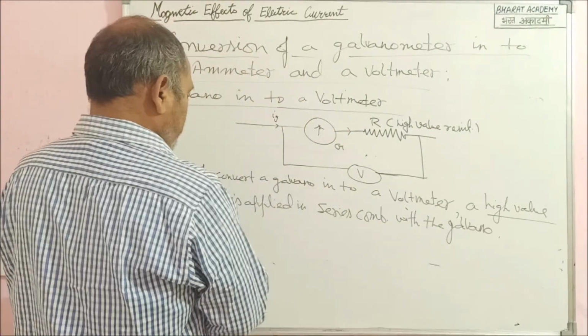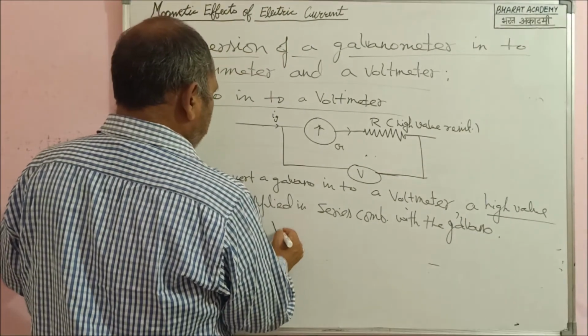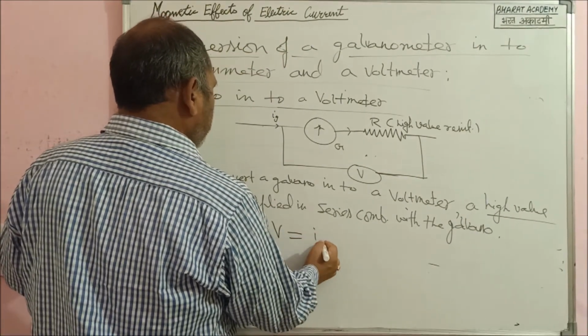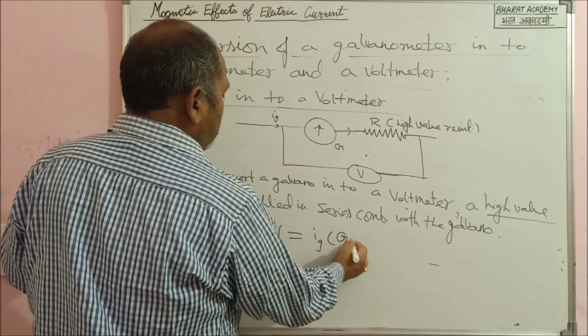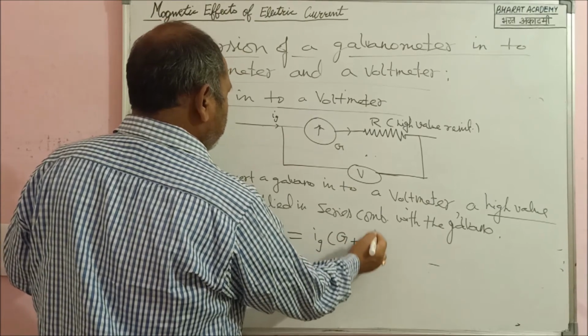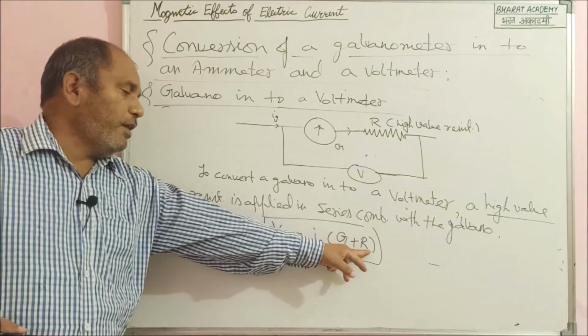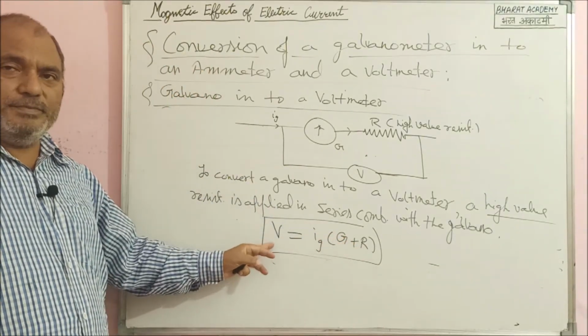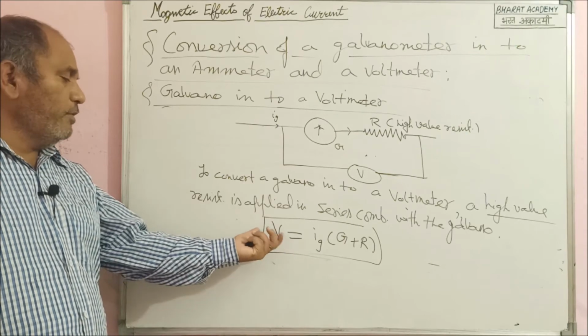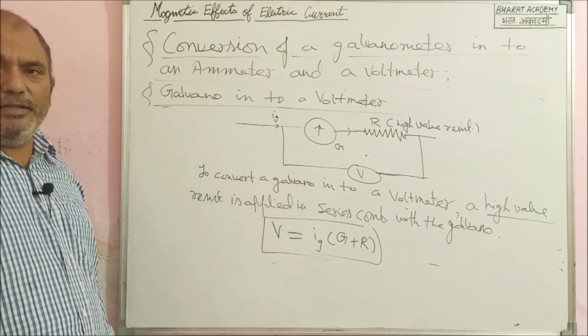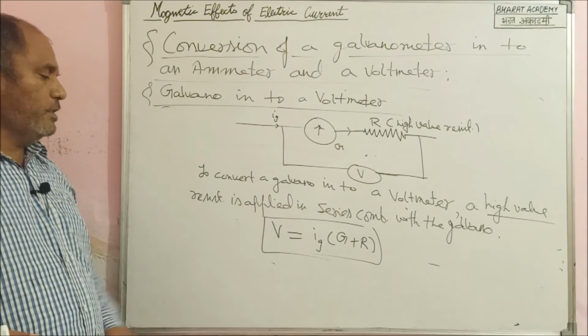So what will happen? It's very simple, even simpler than the ammeter. V will be Ig into G plus R. The higher the value of R, the higher will be the value of V. So whatever be the value of V, we can change R accordingly. This is the simple form.